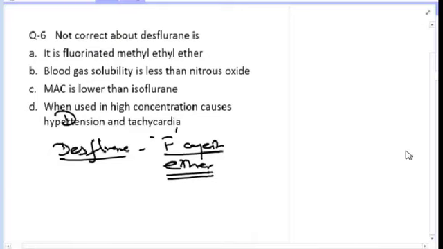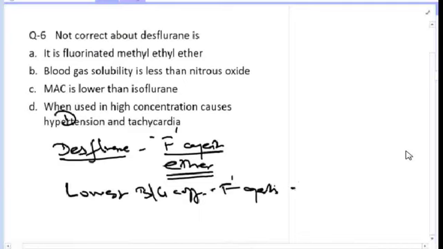So unlike halothane, which is an alkane, desflurane is an ether. It is a fluorinated methyl ethyl ether. Now desflurane has lowest blood gas coefficient among fluorinated agents, that is 0.42.